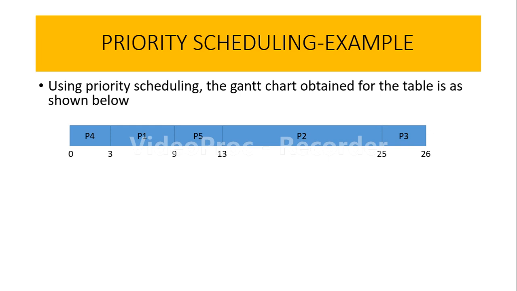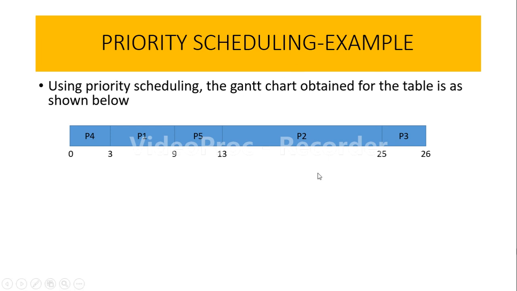If you calculate the average waiting time for each one: because P4 did not wait for anything, the waiting time for P4 will be 0. P1 was waiting till 3 milliseconds, so the waiting time for P1 will be 3. Then next we executed process P5, so the waiting time for P5 will be 9 milliseconds, because P5 was waiting for the CPU to be allocated till the 9th millisecond.